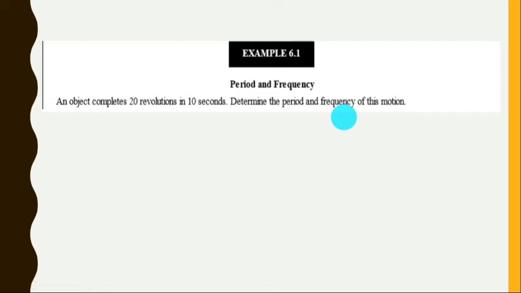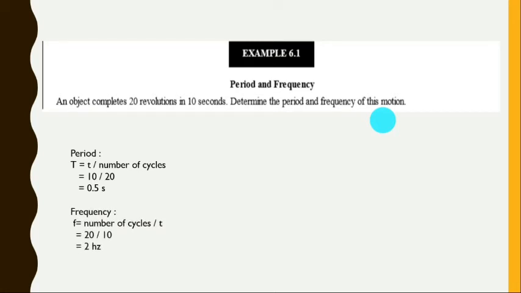So, first thing is what? Period. We said the formula for period is what? T capital letter equals time over number of cycles. Time is 10 seconds over number of cycles, that is here 20. So the answer is 0.5 what? Seconds. The unit for period is second. Frequency, now you can solve it in 2 ways.